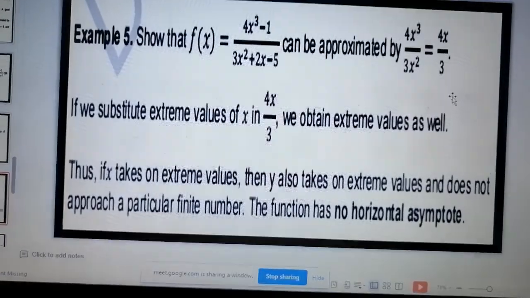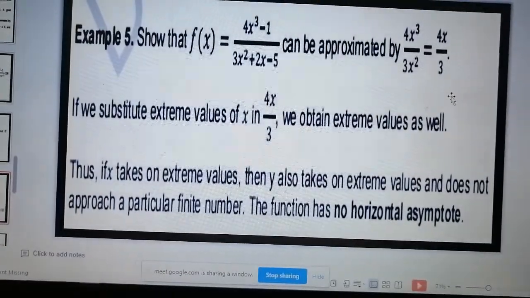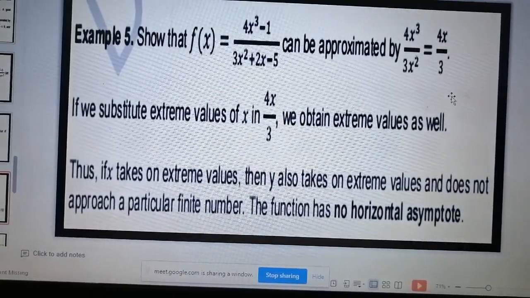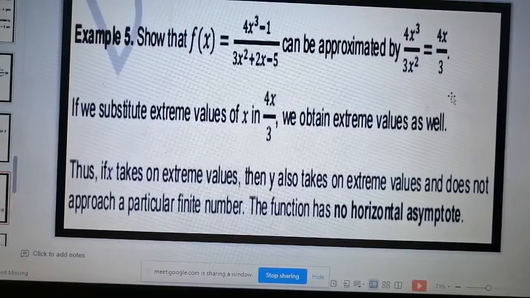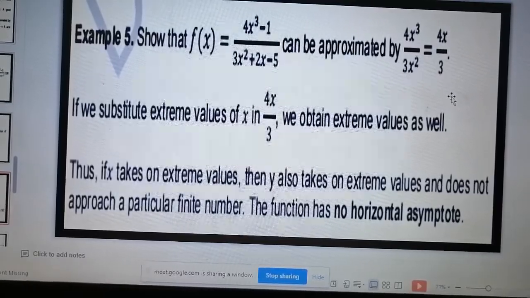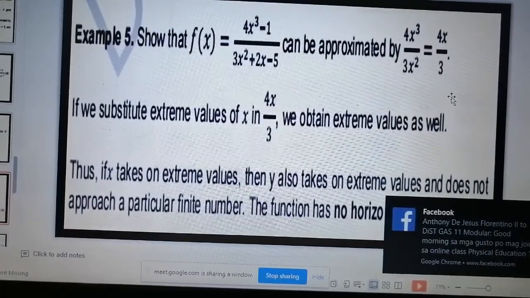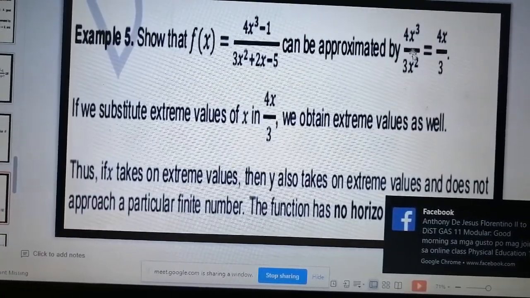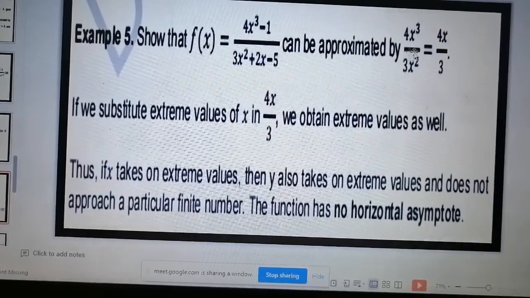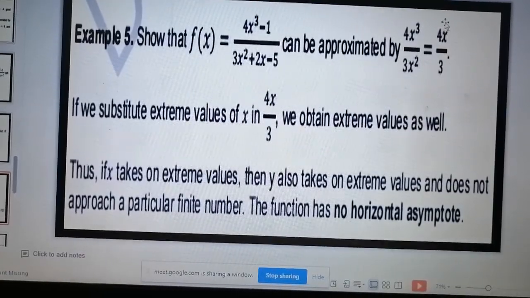Example number 5. Okay, the function f of x is 4x cubed minus 1 divided by 3x squared plus 2x minus 5. Okay, can be approximated by 4x cubed divided by 3x squared. Okay, look at that.